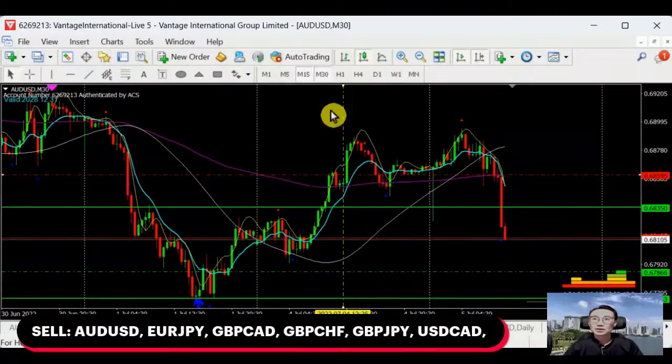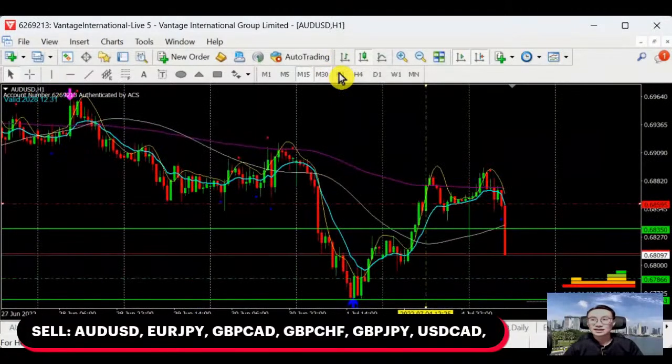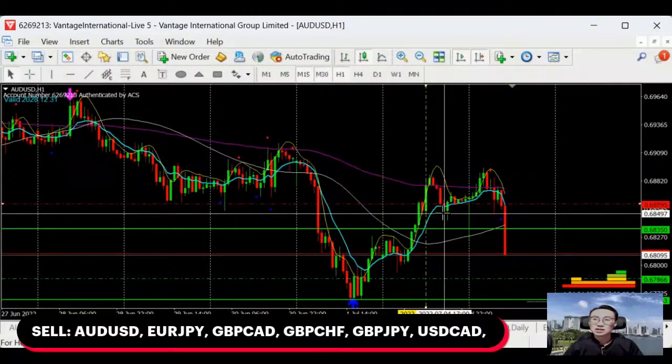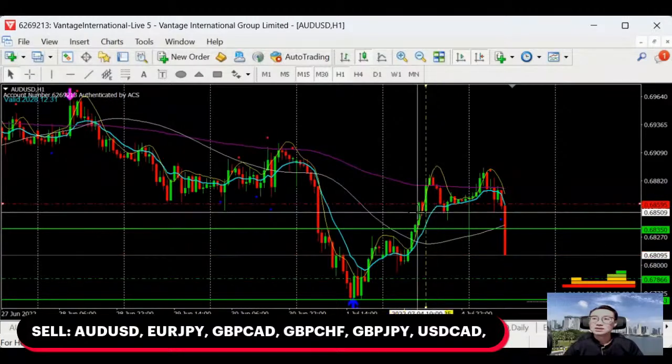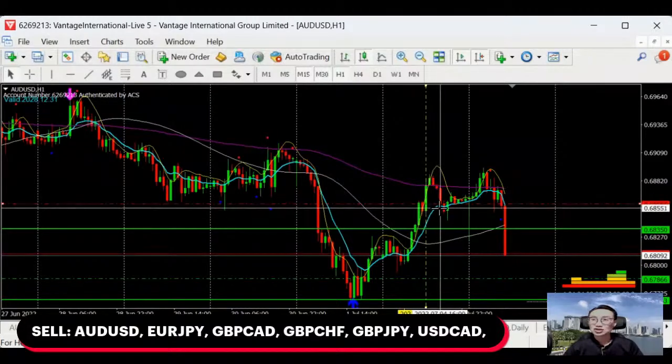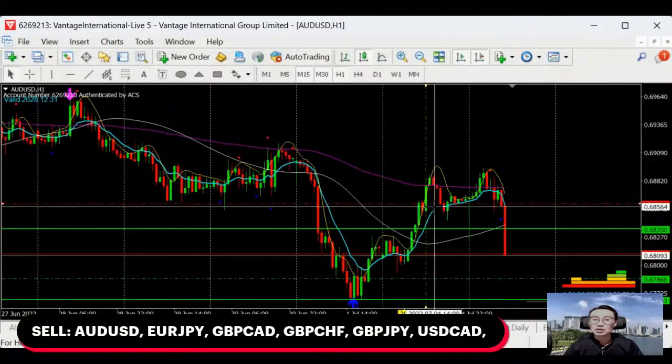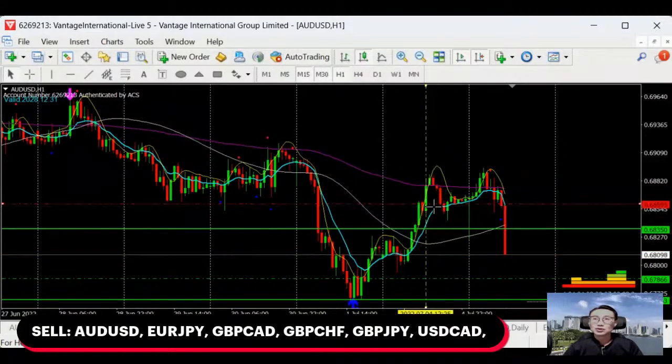From the red to a green candle is already a sign that danger is there. And over this part, the red candle, green candle in H1, things have changed. The trend has started to change.